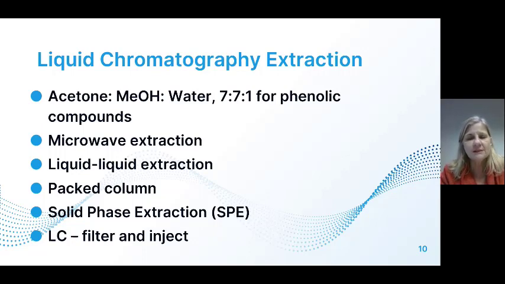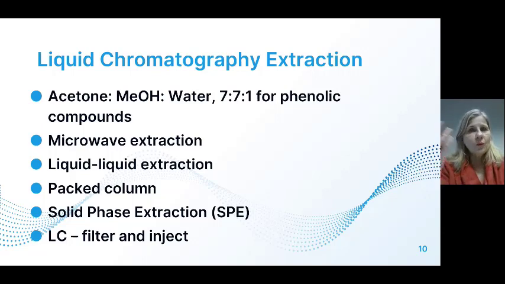Solid phase extraction is basically a little column in a cartridge, and you would load your crude extract on it the same way that you would with a packed column. Your metabolites of interest will be adsorbed. So if it's a C18 column or it has amino or nitrile groups, which makes it more polar, the compounds will be attracted to the adsorbent inside the column.